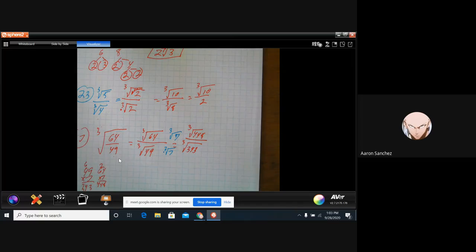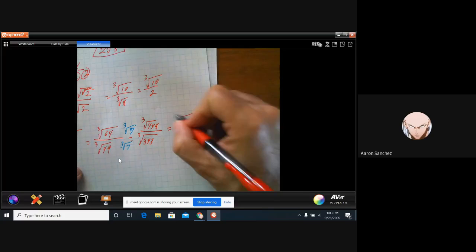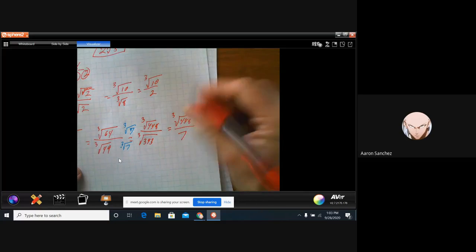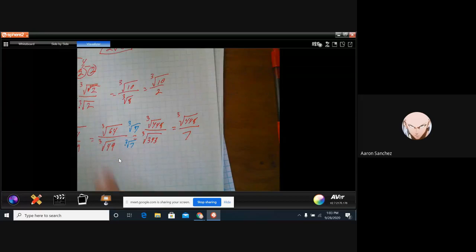The cube root of 343 is going to be 7, because 7 times 7 times 7 is 343. So this will be the cube root of 448 over 7. And that's your answer for 27. But the main thing is you have to get rid of that radical in the denominator. You cannot have that. All right. That's 27.